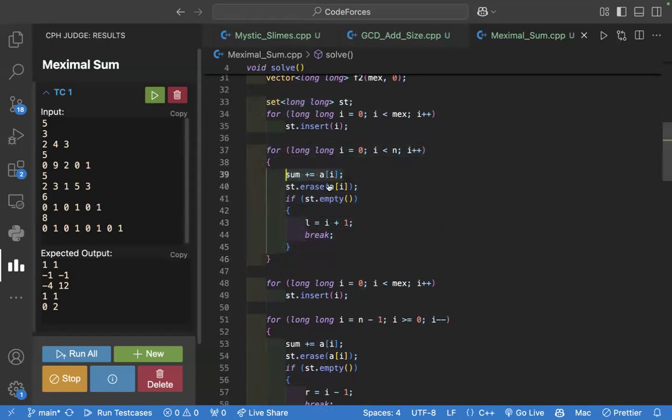I will increment my sum and erase that number, ai, from the set. Now, if the set becomes empty, that means till this location I've gotten all the numbers. Every number at least once from 0 to mx minus 1, sorry. Correct, Dhruv? So I know that i plus 1, the index after that, is the beginning position of L.